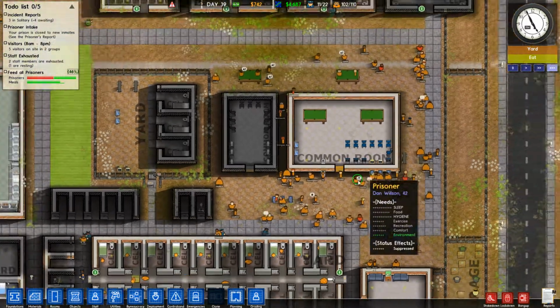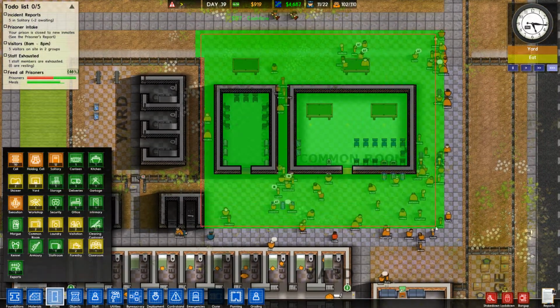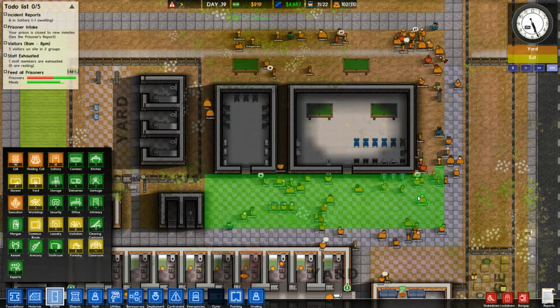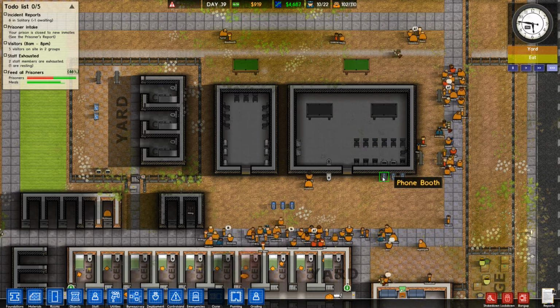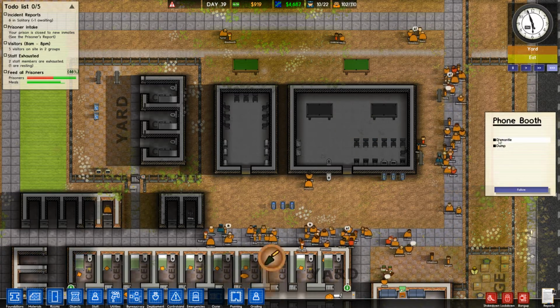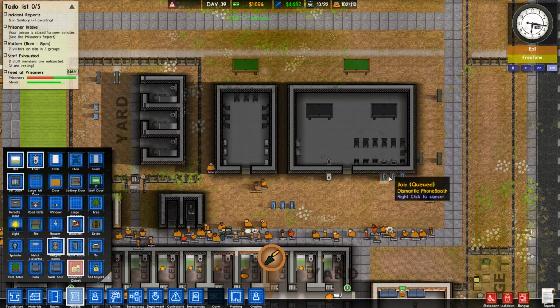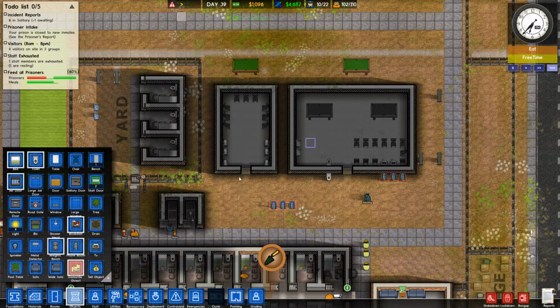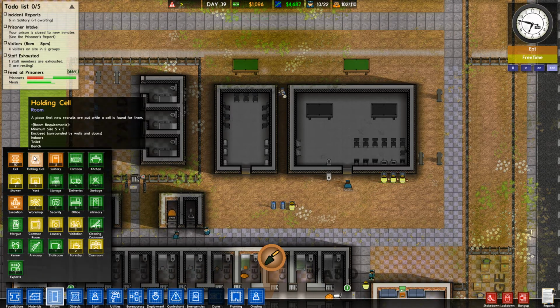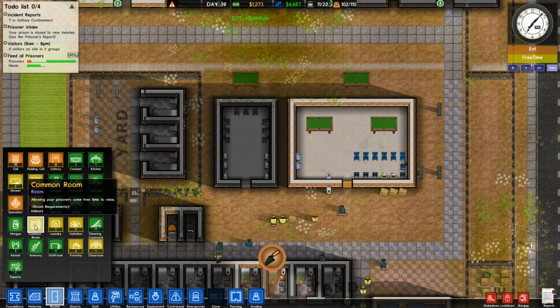I think the population here in this part of the yard is way too high. This is no longer part of the yard, gents. Go find somewhere else to play. I'm gonna relocate everything we have from one yard to the next. And of course I can use those common rooms, that's okay. Common room.